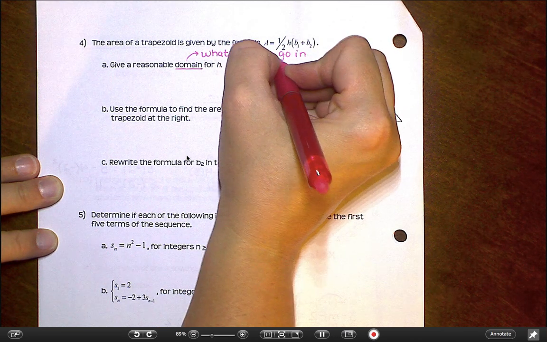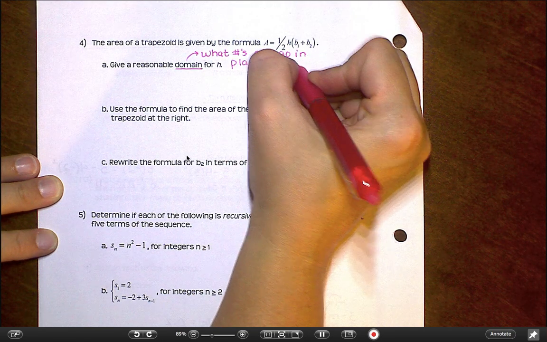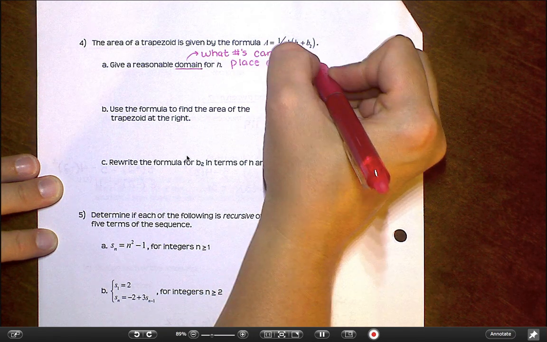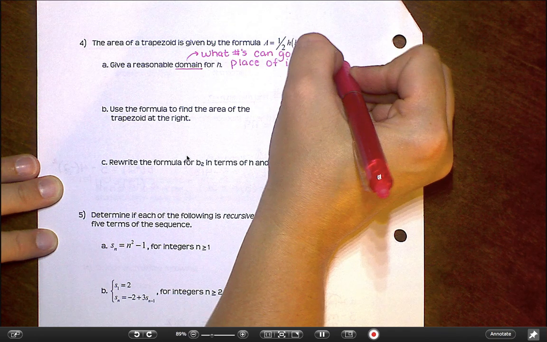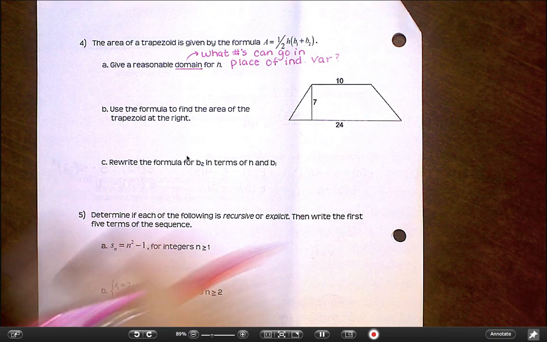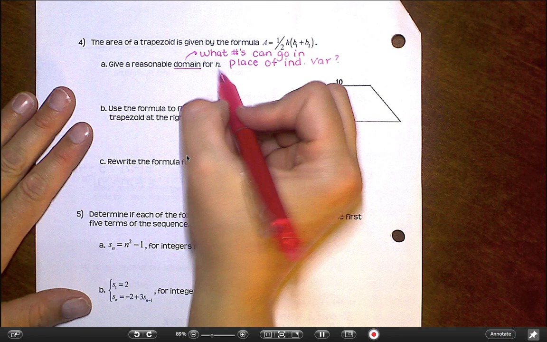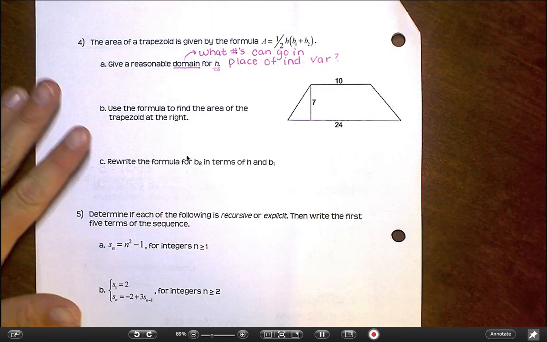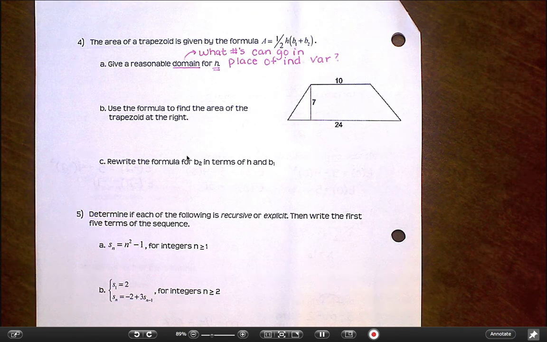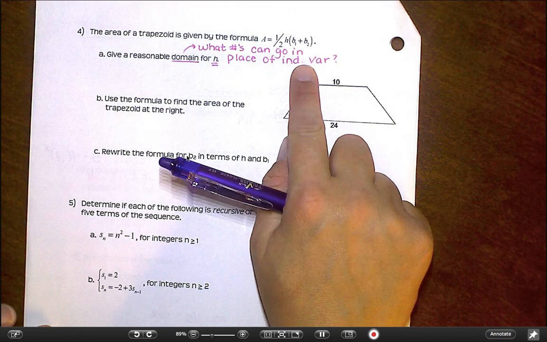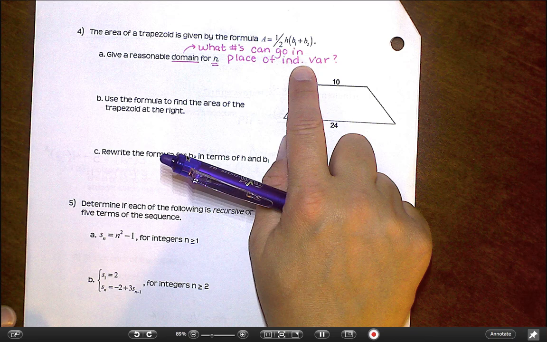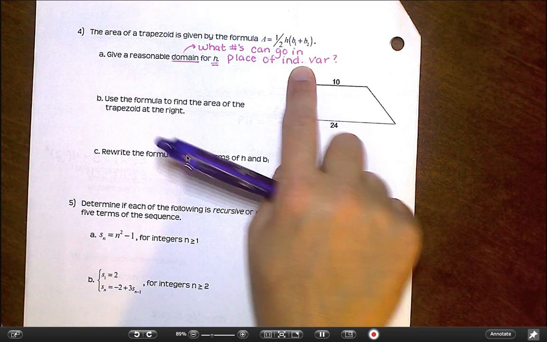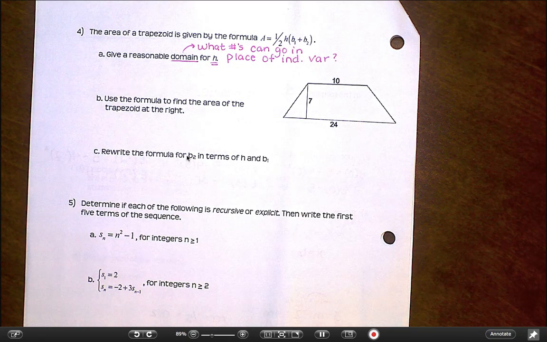What can I plug in for X? What numbers am I allowed to put in for that X value? Or in this case, it's talking about H, not X. But you're right. When I say domain and you say, oh, it's X, you've got the right idea. It has to do with the X, but it's what numbers X is allowed to be.